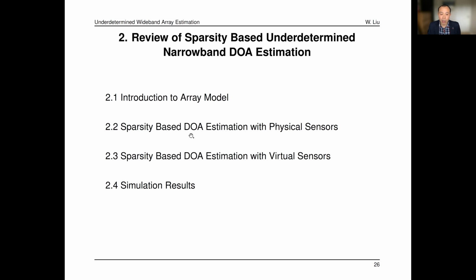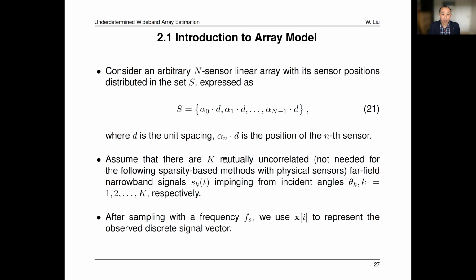Some of them apply this approach to the physical sensors directly, some to the virtual sensors. So there are two categories based on this criterion. Now the model. Assume we have N sensors.